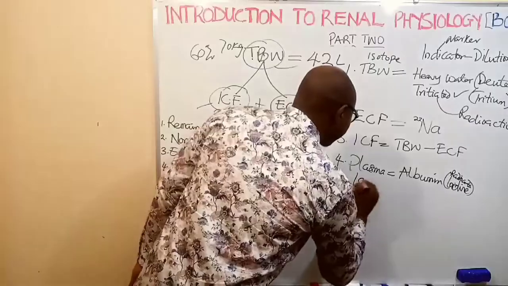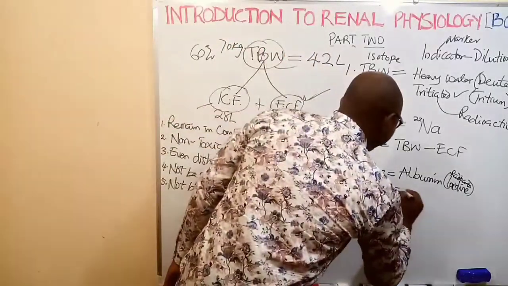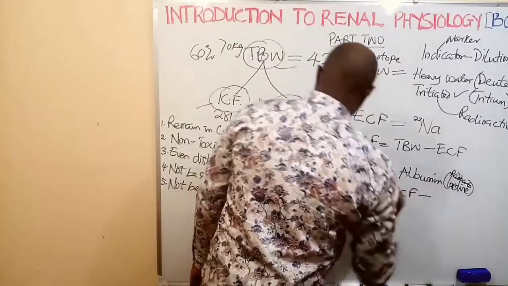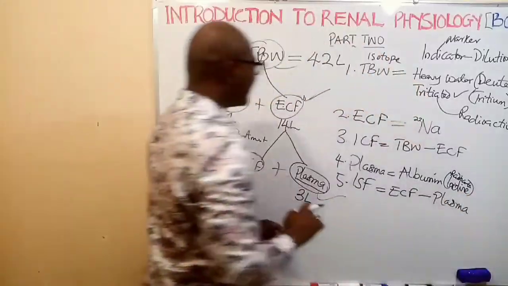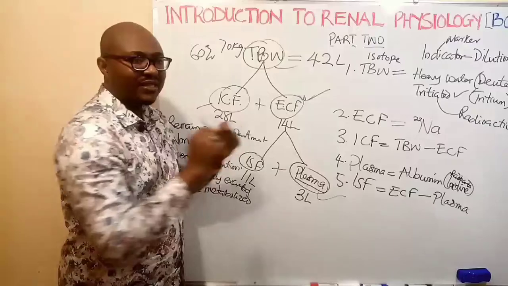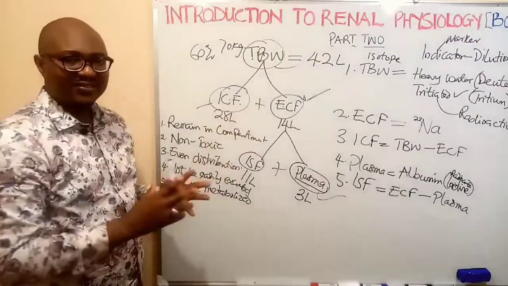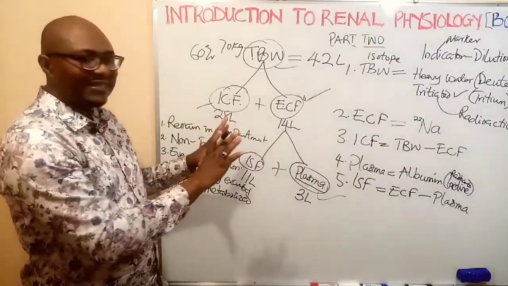The ISF will be ECF minus plasma. All right? So we've gotten the five. Three can be gotten directly, two are gotten indirectly. So this is how these things are measured.